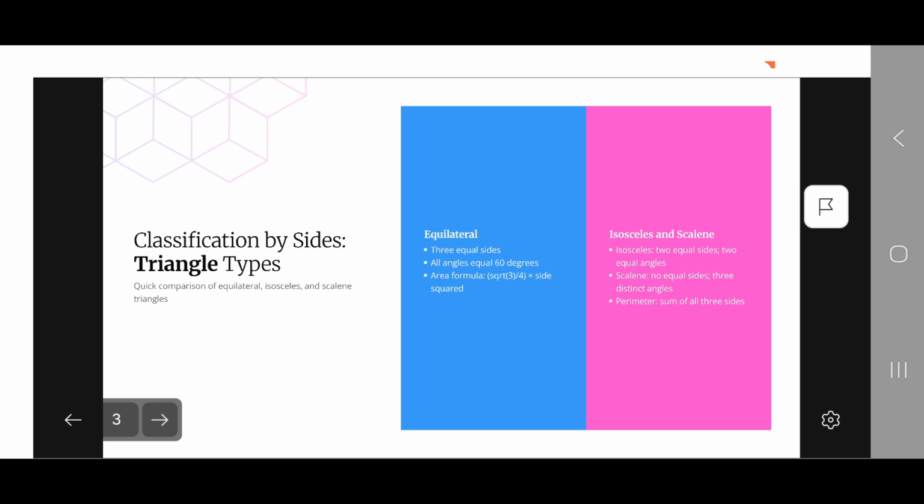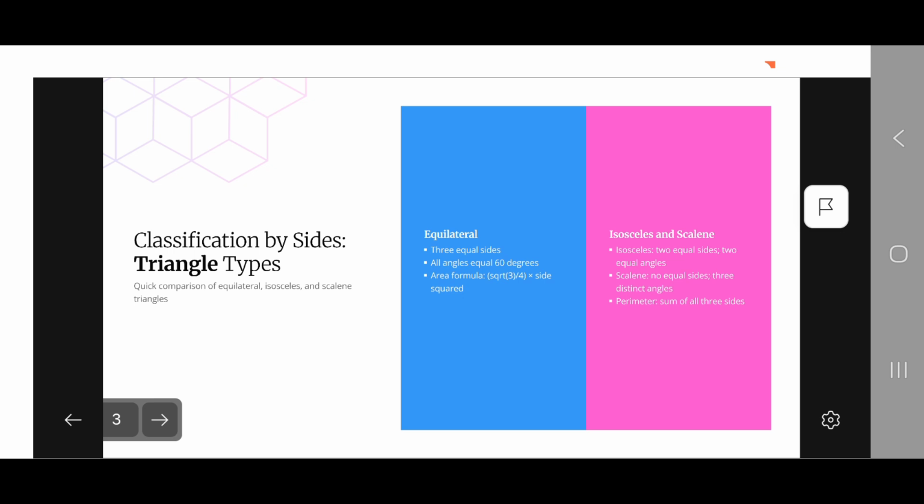It says that the area formula is the square root of 3 divided by 4, times side squared. But I think that's the real formula.